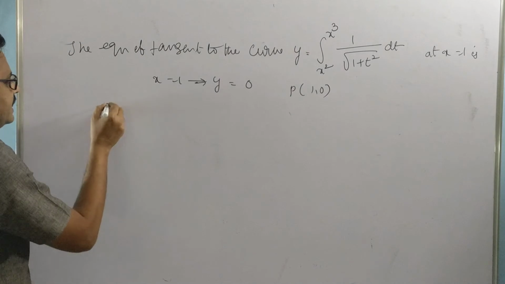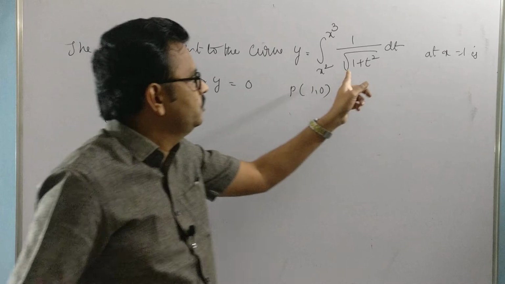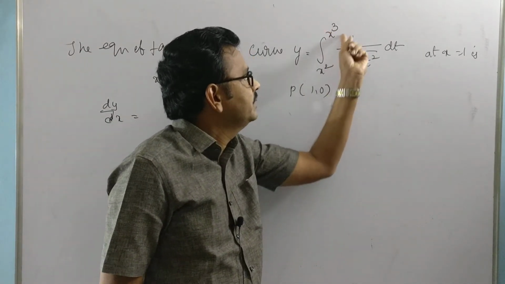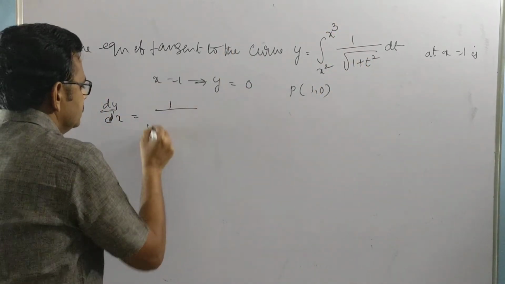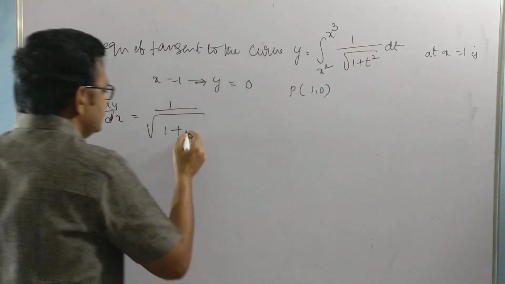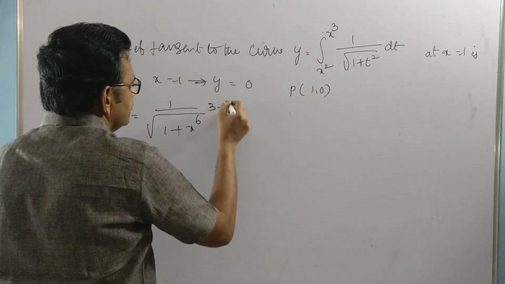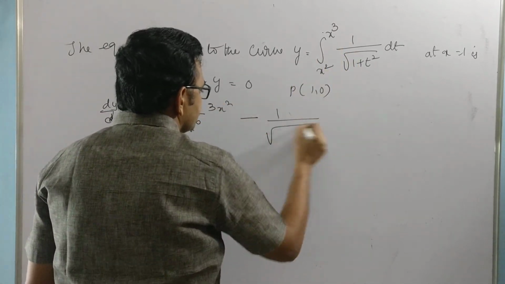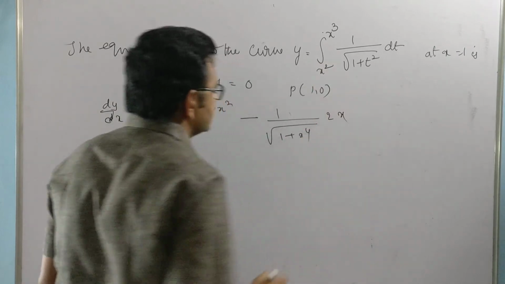Now, differentiating, dy by dx is equal to, by using Leibniz rule for differentiation under the integral sign, f of upper limit into derivative of upper limit: 1 by root of 1 plus, in place of t write x cube, that is x power 6, into derivative of upper limit 3x square, minus f of lower limit, 1 by root of 1 plus x power 4, into derivative of lower limit 2x.